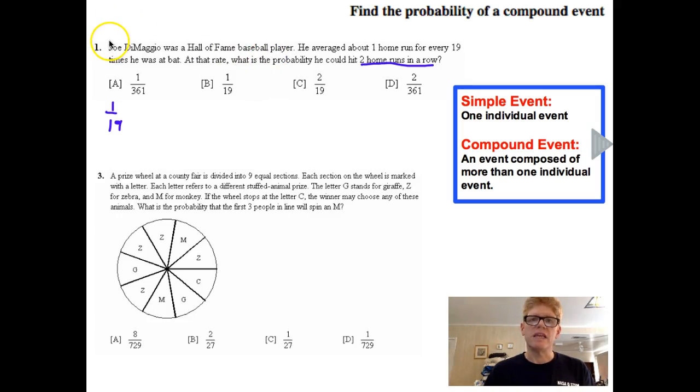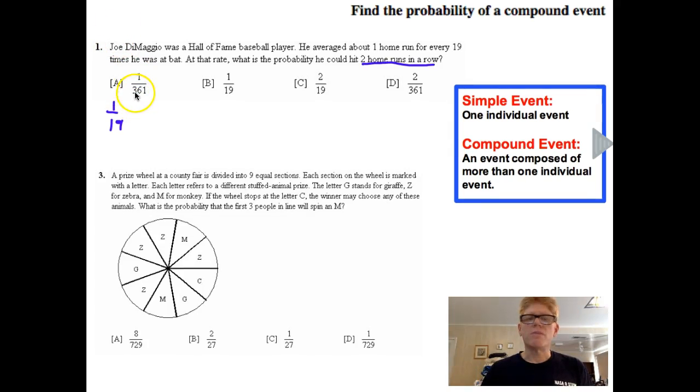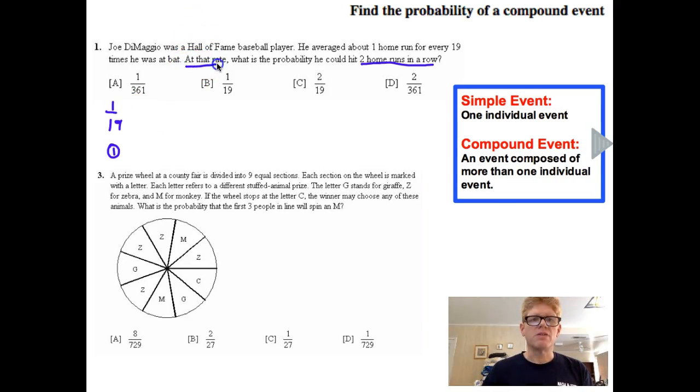One event of hitting a home run followed by another event of him hitting another home run. We know that the probability of him hitting a home run is 1/19 in the first at bat. So what is the probability of him hitting a home run in the second at bat? It doesn't change any. We're told to calculate it based on the same rate, and that is 1/19.